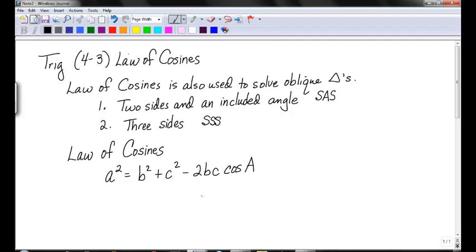Let me say it again: a squared equals the sum of the squares of the other two sides minus twice their product times the cosine of the included angle.